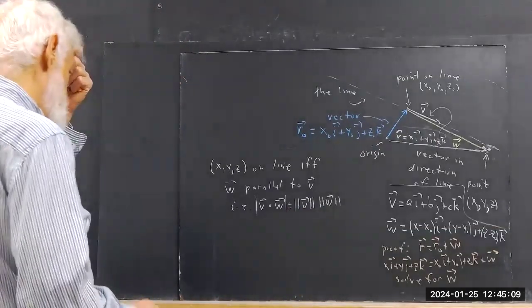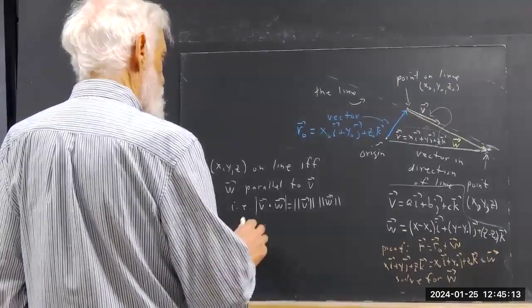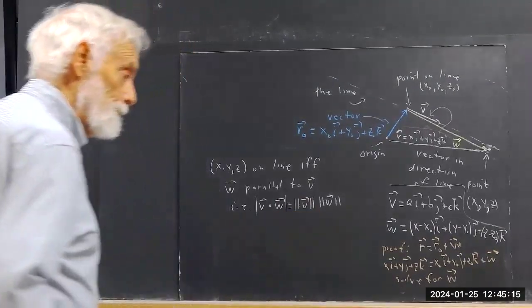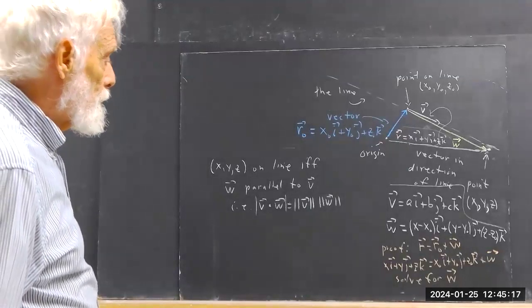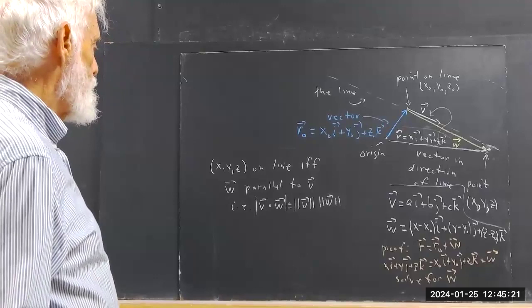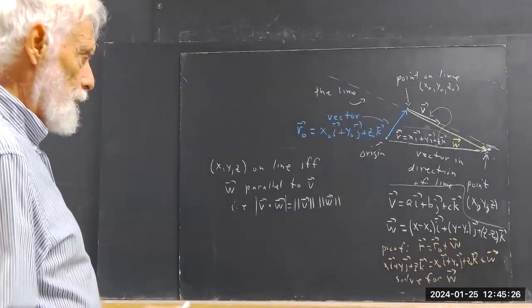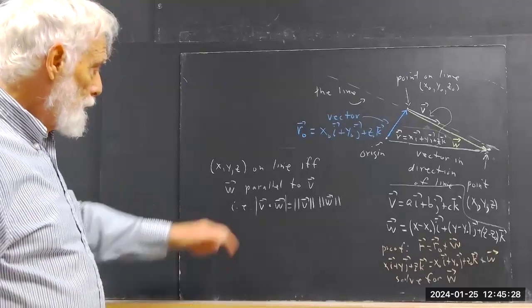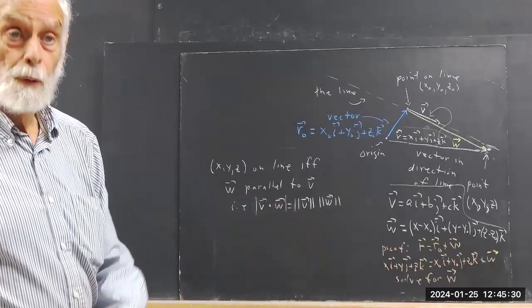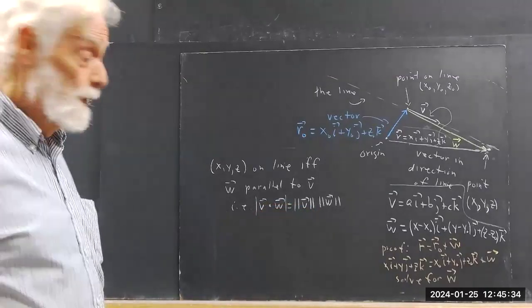Then you can write this out. And I'm not going to write it out, but you could write out the symbols and get to the equation of the line just from this. Okay.